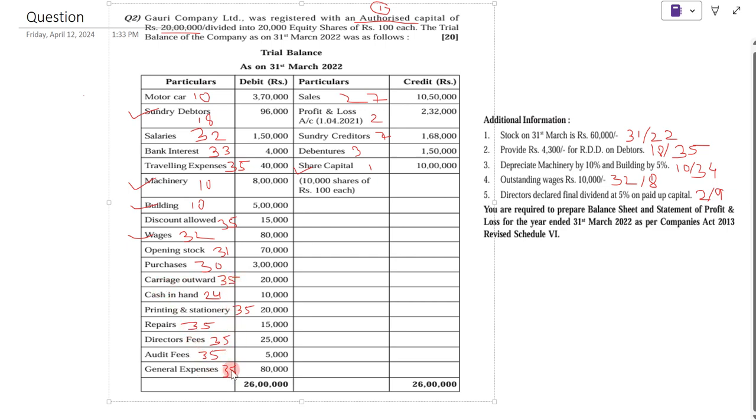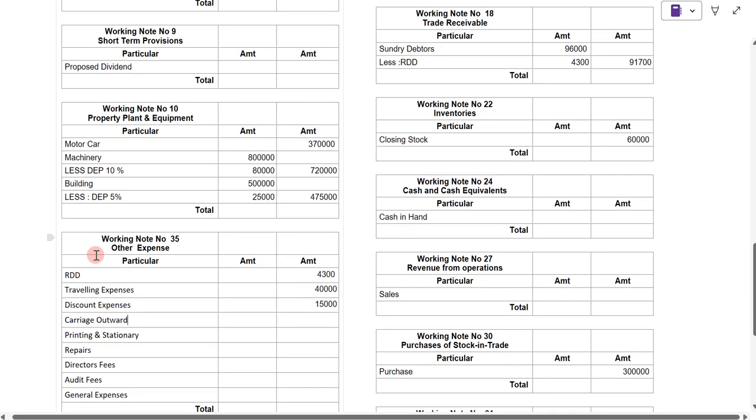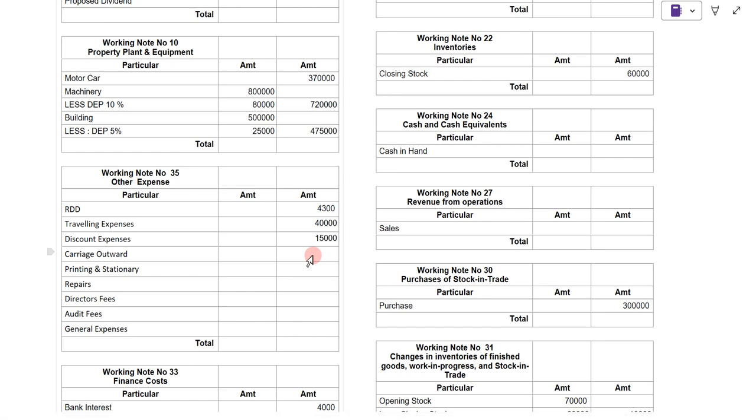So we will pass all the entries together. Carriage outward 20,000, printing and stationery 20,000, repairs 15,000, directors fees 25,000, audit fees 5,000, journal expenses 80,000. All these entries will go in note number 35, that is other expenses. Carriage outward is written already, 20,000.